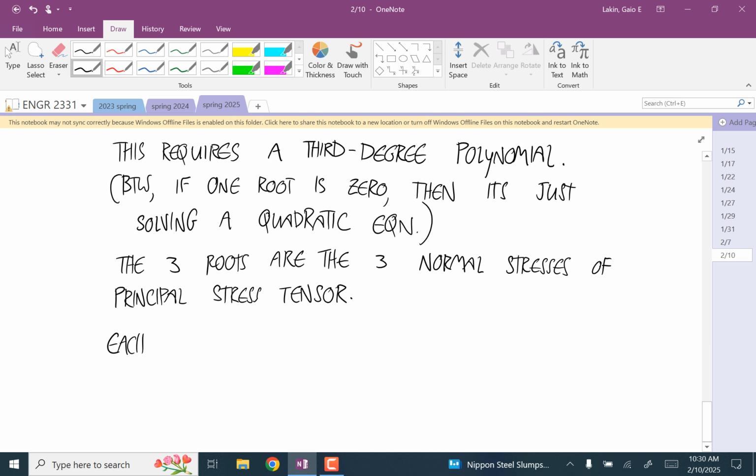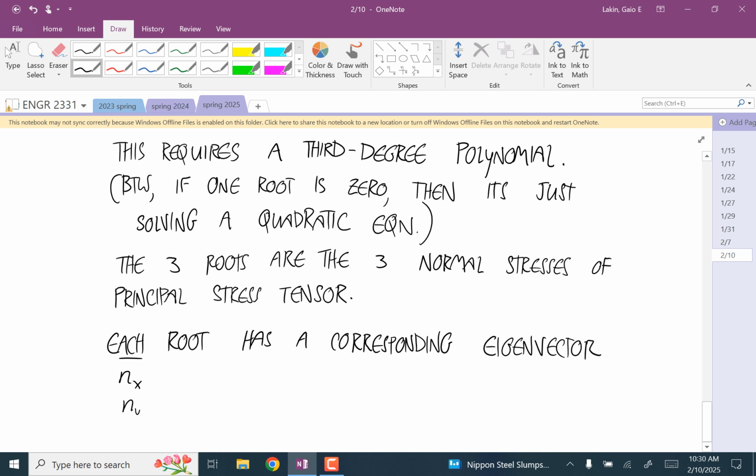Each root has a corresponding eigenvector that you get from solving for nx, ny, and nz.